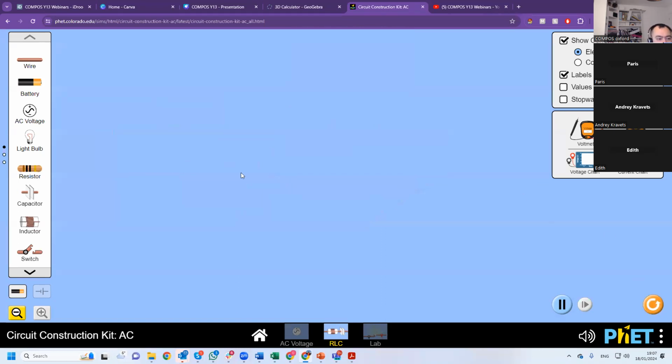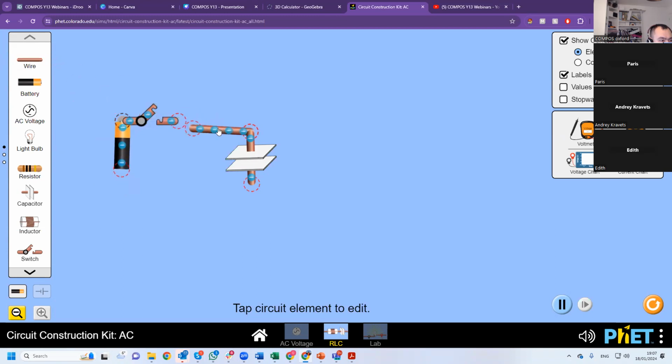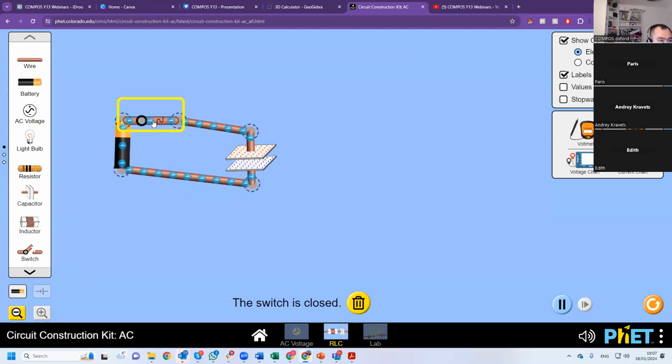I want to build it from scratch. So I have a capacitor, and I need a way to charge it. So I'll need a switch and a battery. We connect it here and here, so now I can charge it up.